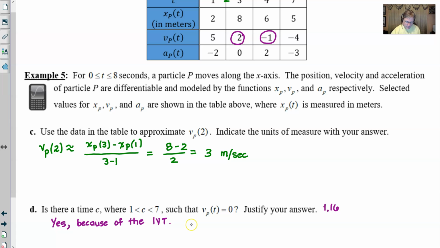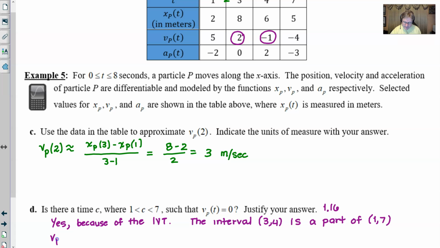So I might want to point out that the interval 3 comma 4 is a part of the interval 1 to 7. So we start there. Okay, well, that establishes the fact that we can use 3 and 4.